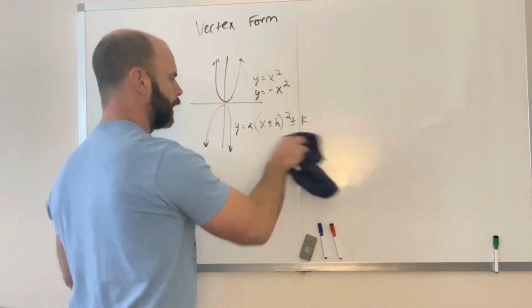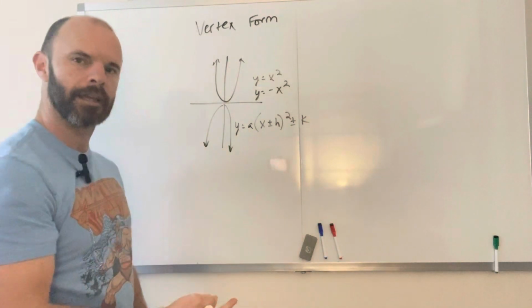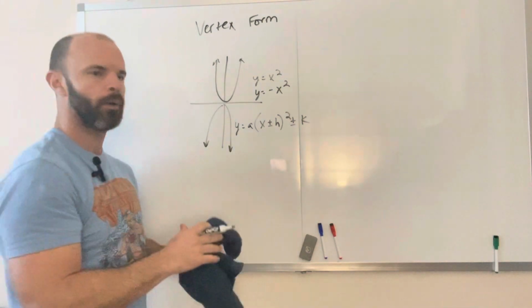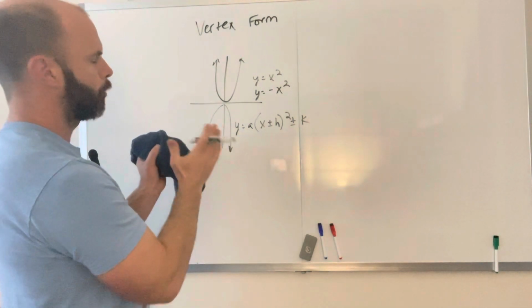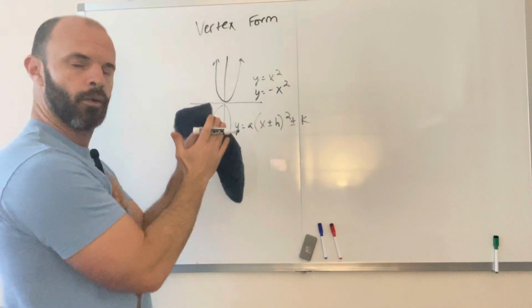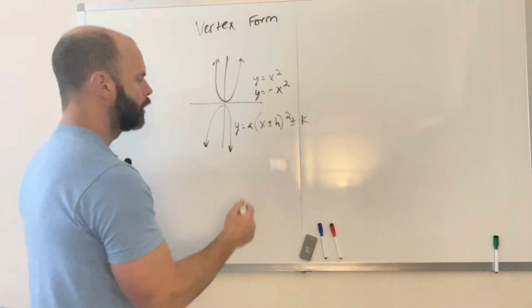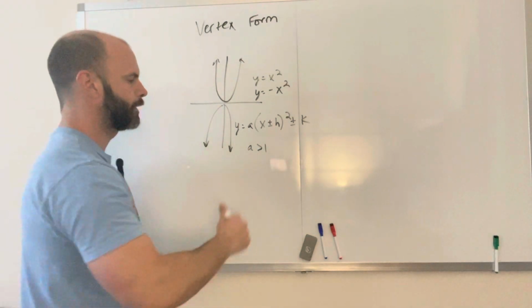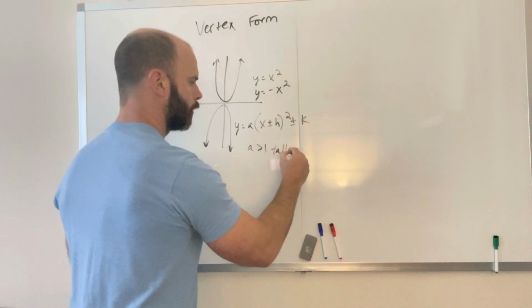Last part is, so we talked about the negative, but what about if it's a number, okay? So the number tells me whether the parabola is going to get skinnier or wider, okay? So if A is greater than 1, then I know that it's going to get taller, okay?